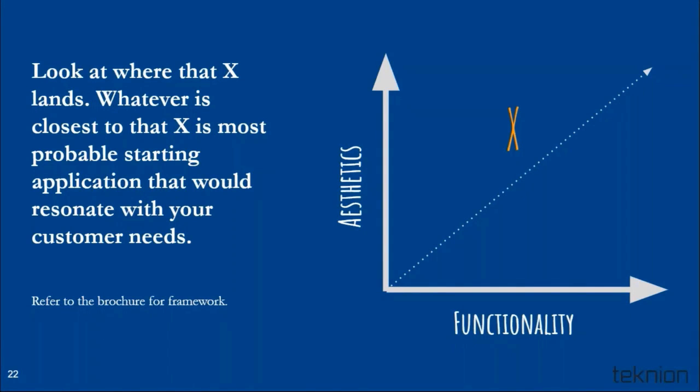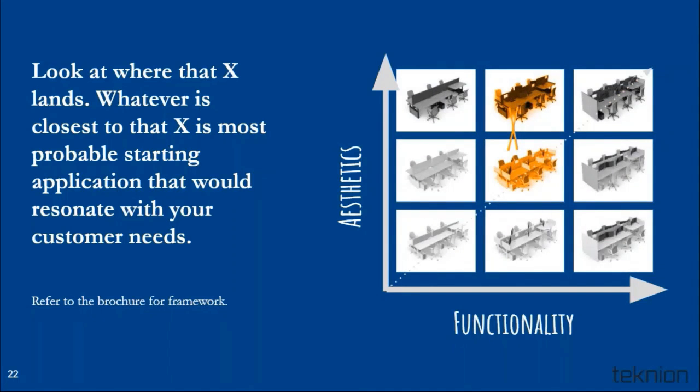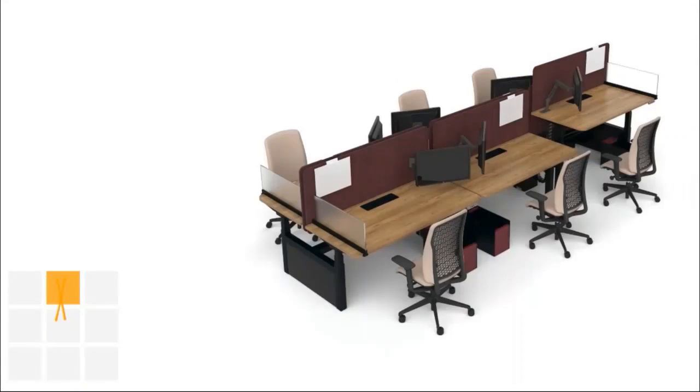So in the end, look at the framework we have provided in the brochure and look where the X would land. Press right, Rachel. In this example, the X lands somewhere here, highlighted with the orange applications. So once you have that, you can now quickly flip through the brochure showing those applications.